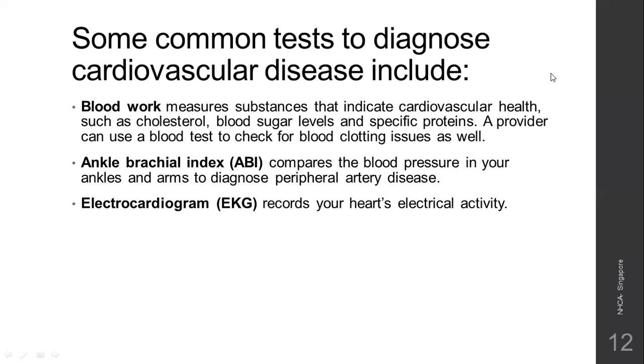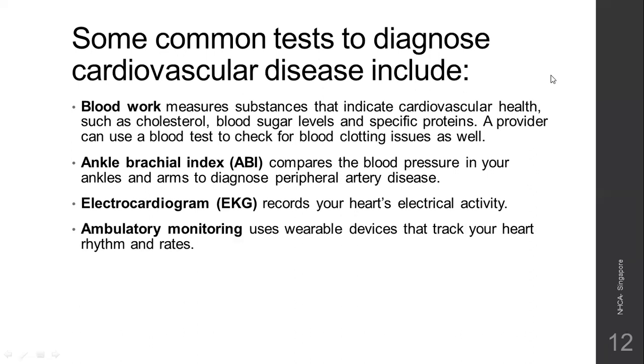Then we have EKG or ECG, electrocardiogram, that records your cardiac arrhythmias if you have any, and heart rate. Then ambulatory monitoring uses wearable devices that track your heart rhythm and rates.